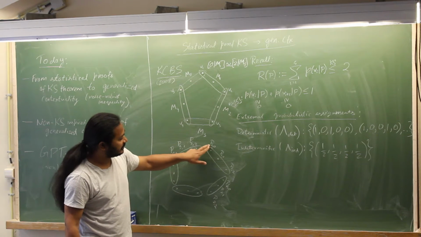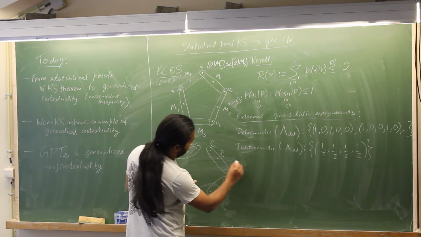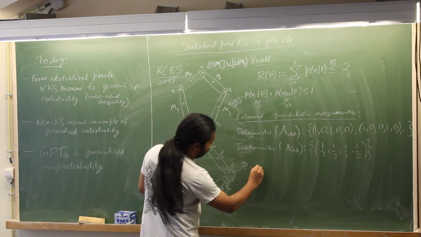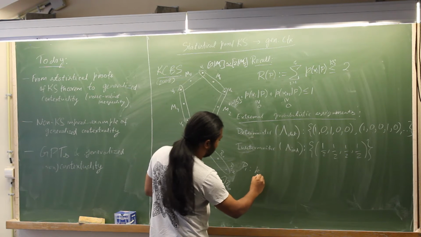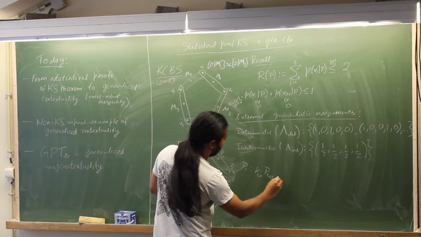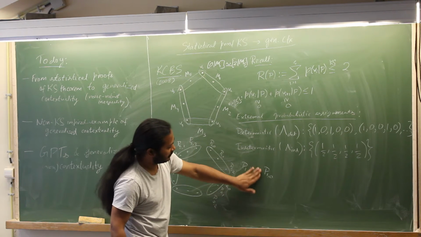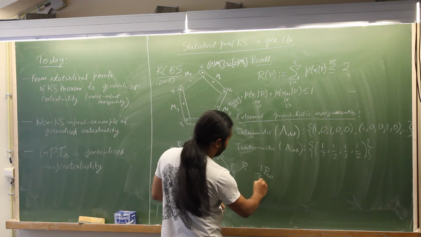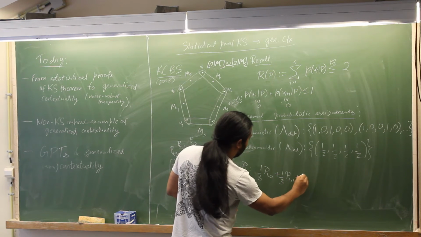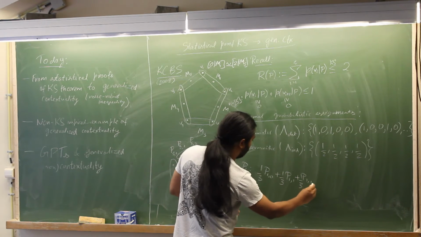And of course there are some probabilities associated with these, right? So if I'm preparing an ensemble with some probabilities, then, for example, the ensemble corresponding to P1 is, with some probability, P10, you prepare P10, and let's say these are uniform, okay? I think that might just make the discussion easier for now. So 1/3 P10 plus 1/3 P11 plus 1/3 P12.